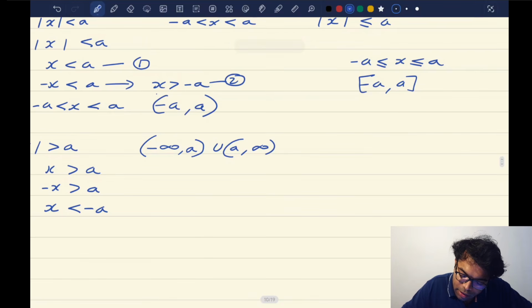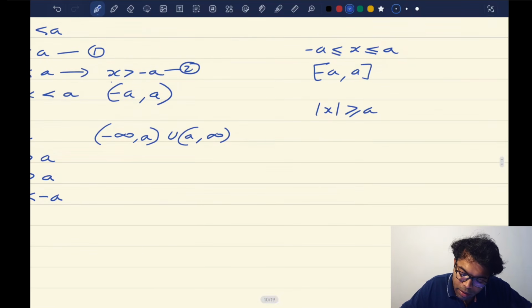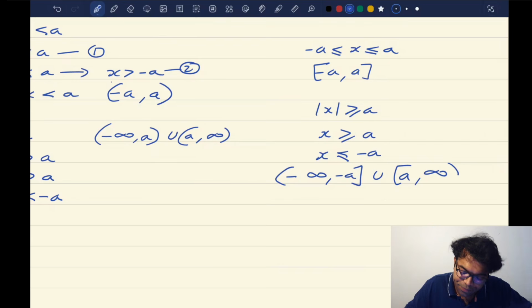But if you have modulus of x is greater than or equal to a, then you will have x is greater than or equal to a or x is less than or equal to minus a. So you will have minus infinity to minus a union a to infinity.